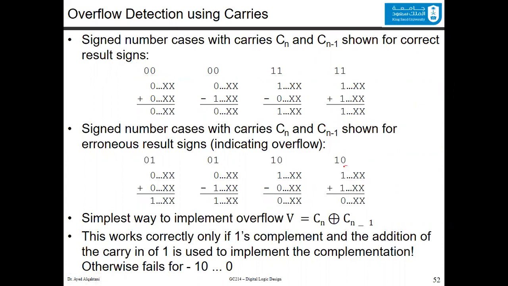However, if they differ, 0 and then 1, 0 and then 1, 1 and then 0, 1 and then 0, there will be an overflow in the result. So the simplest way to implement an overflow detection, called V, is the XOR of this bit with this bit. So it's Cn XOR Cn minus 1.